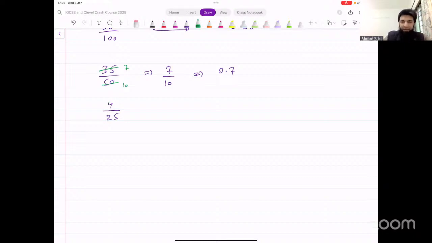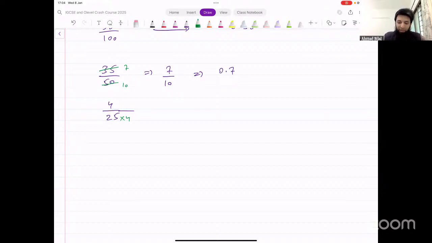Now 25 is a factor of 100. What if we multiply 25 by 4 to get 100? So what I can do is I can multiply the denominator by 4. But again, as we have been doing before, we can't just multiply only the denominator or only the numerator.